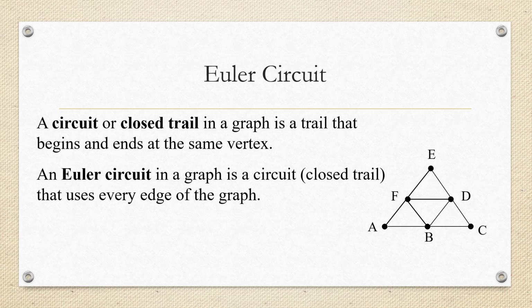Now you might also remember that a circuit is a closed trail. In other words, it's a trail that begins and ends at the same vertex. So an Euler circuit is just a closed trail that uses every edge of the graph exactly once, because trails only visit each edge once.